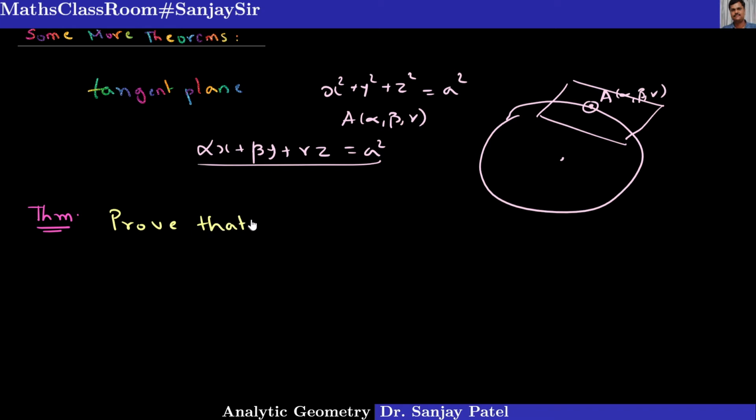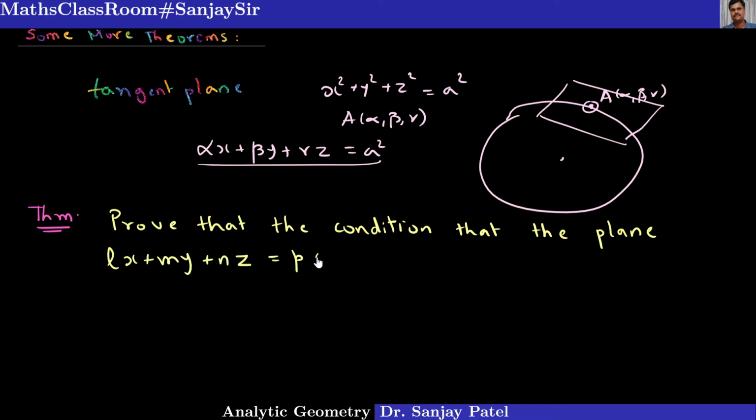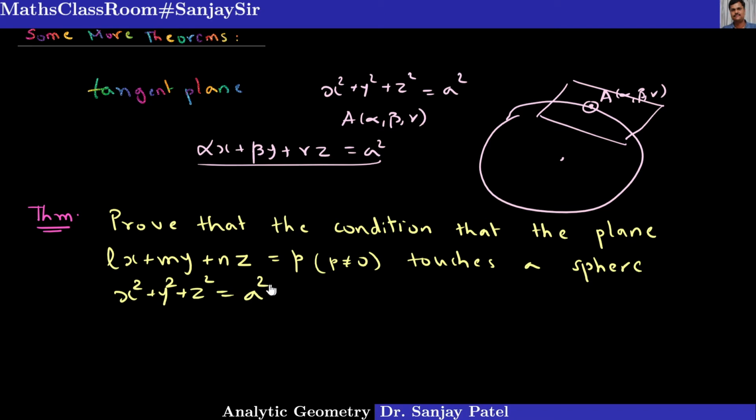Prove that the condition that the plane Lx plus my plus nz is equal to p, where p is not equal to 0, touches the sphere x square plus y square plus z square is equal to a square is L square plus m square plus n square into a square is equal to p square.